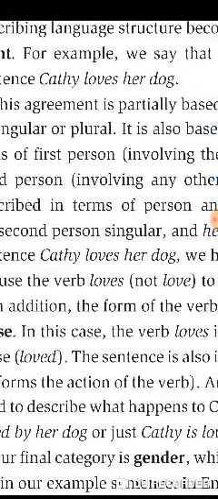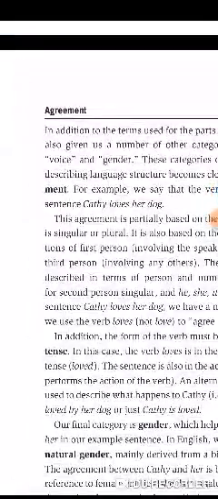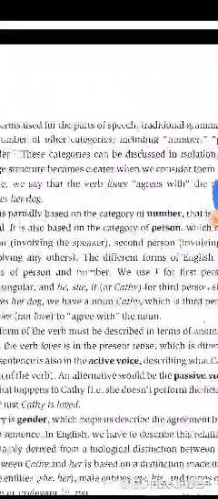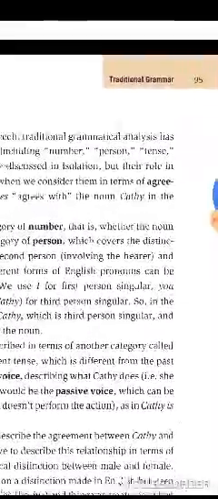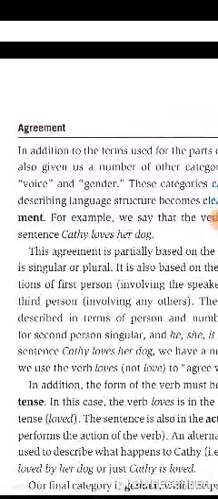Kathy loves her dog. It is at the end of paragraph 1 on page 95. What happens here? Kathy is the noun, and loves is the verb. Because Kathy is feminine, the name of a girl, we have to say her dog, not his, in English.